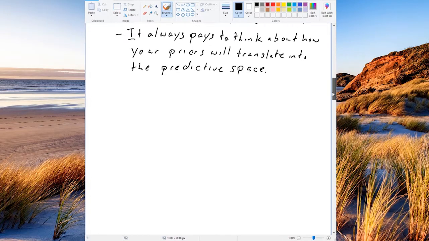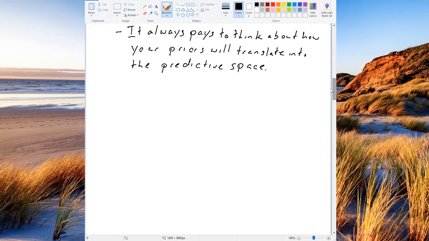So let's go back to the structure of the logistic regression for a minute, and we can talk about how to understand the beta priors.